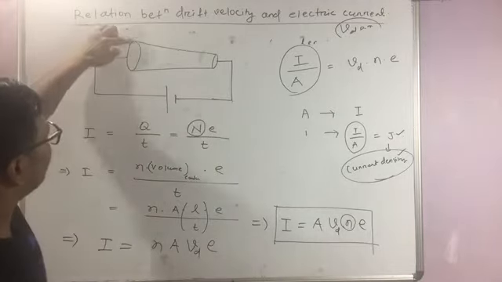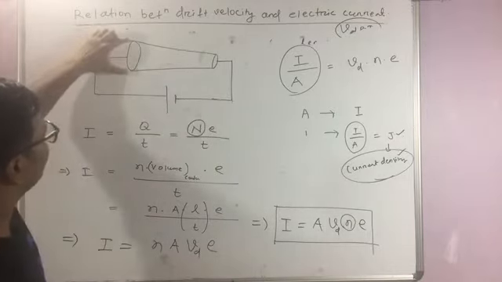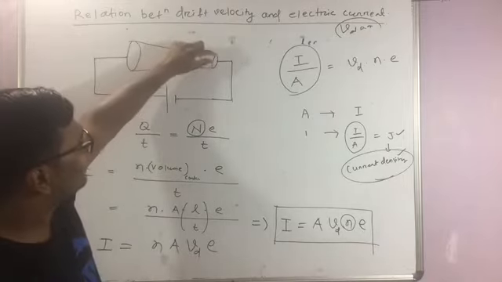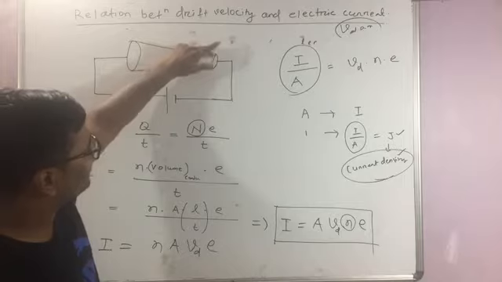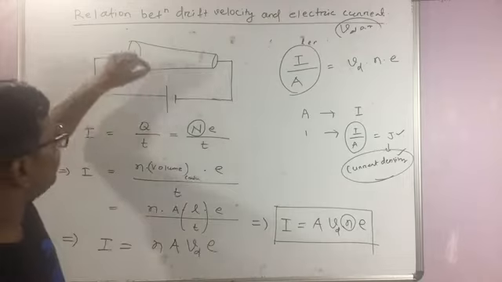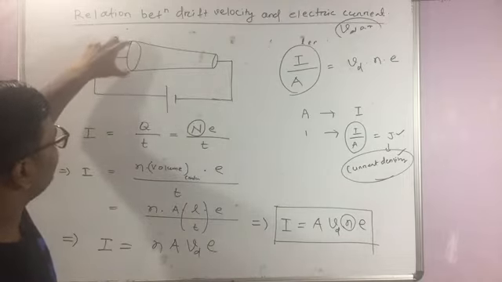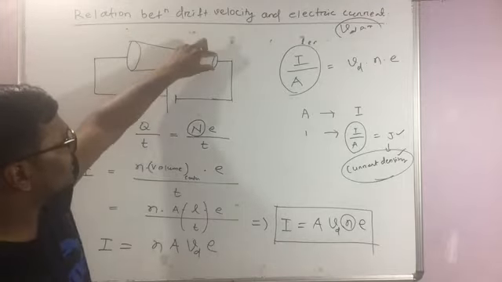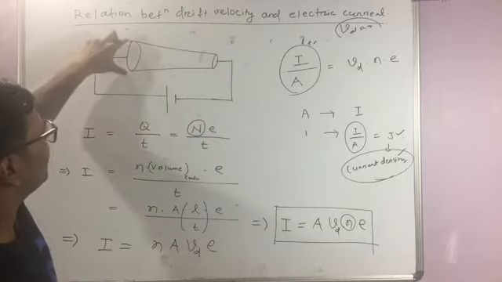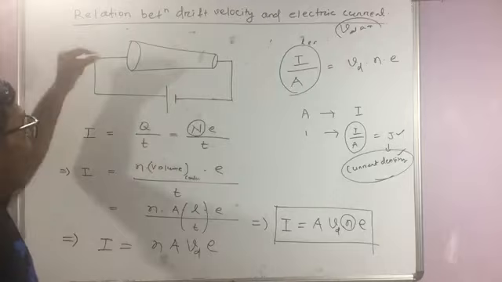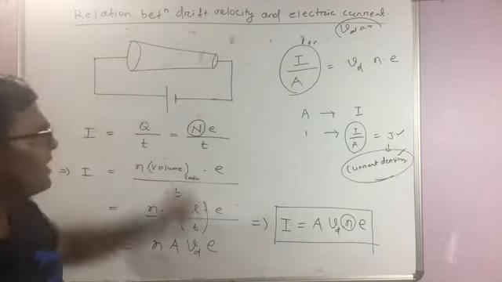Where the cross section area is small, the charges flowing are closer together, and there is a constriction, the area is less. Where the area is more, the current density will be less. So here the current density has a greater value in comparison to that of this area. This is the quantity that distinguishes how the current is distributed over the cross section.